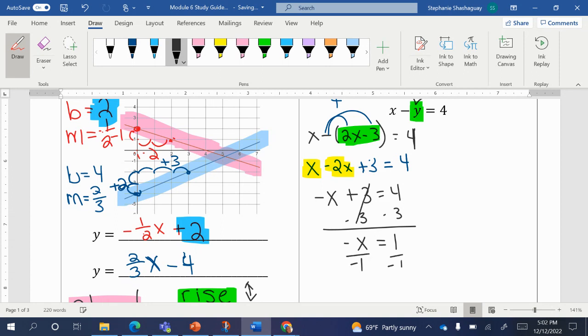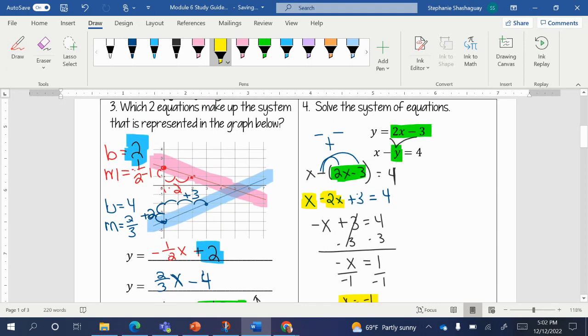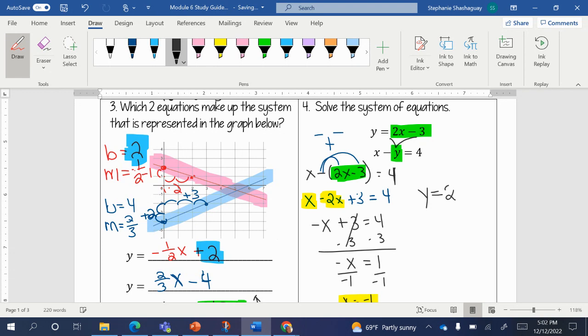Divide by negative 1, divide by negative 1, and x is equal to negative 1. Now I have my x value. Now I can take that x value and plug it back into one of my equations to find my y. So I'm going to plug it into my first equation and do y is equal to 2 times negative 1.